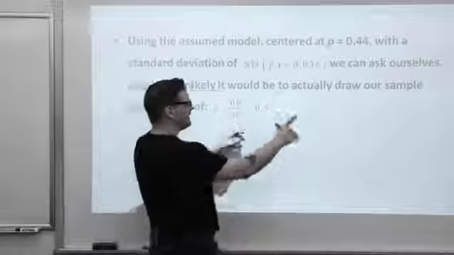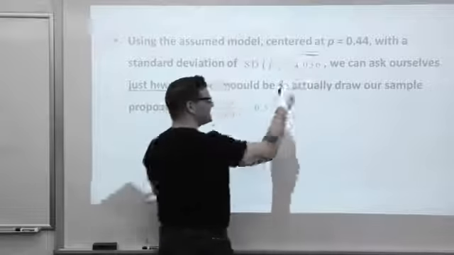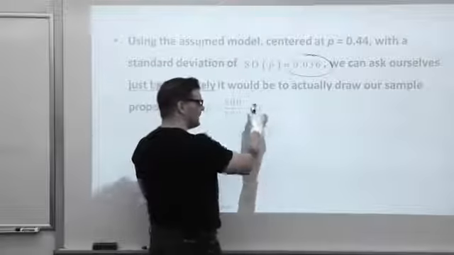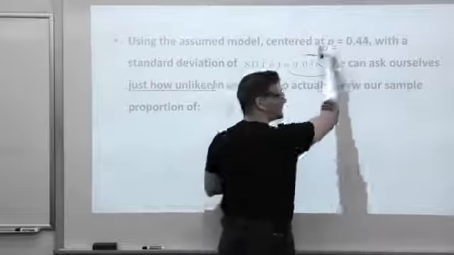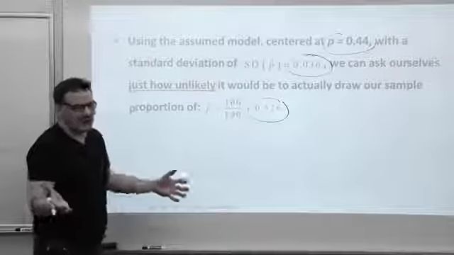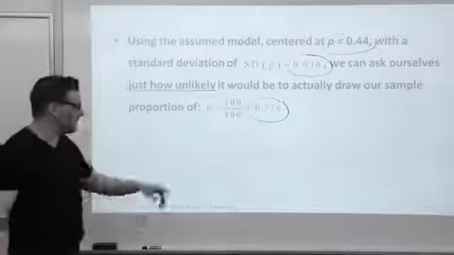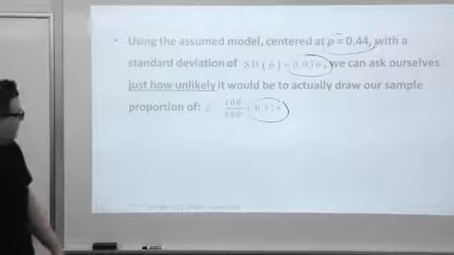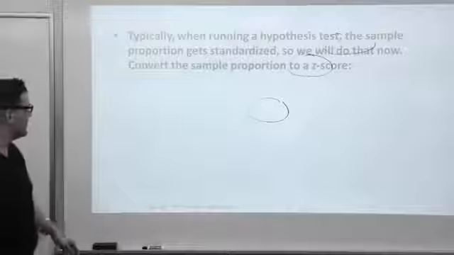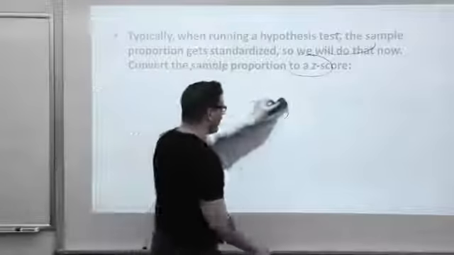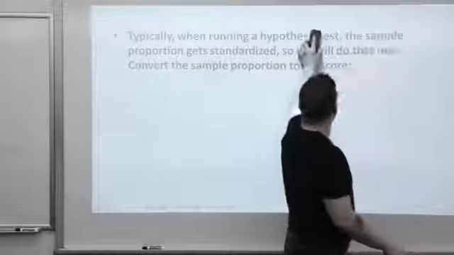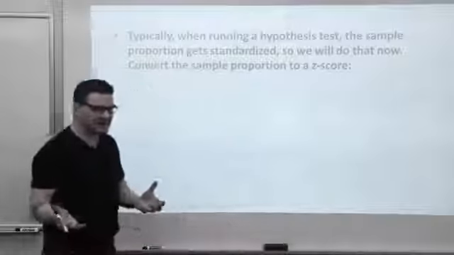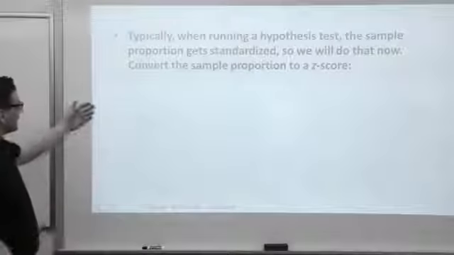Kind of see how many of these is this away from this, if you know what I mean. How many of those standard deviations is the 0.526 away from the 0.44? All right, so we draw on everything. I love this unit. Everything important we learn the whole semester just comes back, and let's remember z-scores.